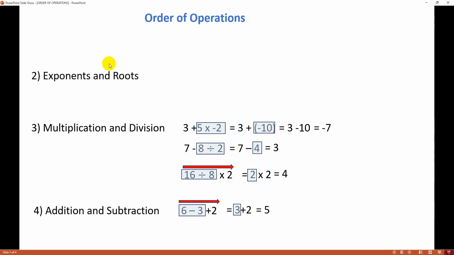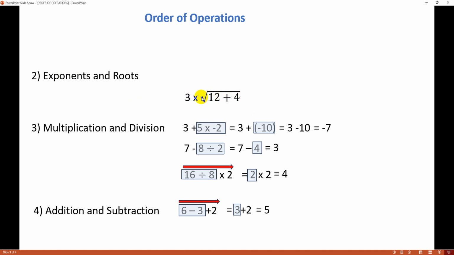A higher level than multiplication and division is exponents and roots. That's category 2. So here we have an example where we have multiplication 3 times and then a square root of 12 plus 4. So we have several operations here, right?